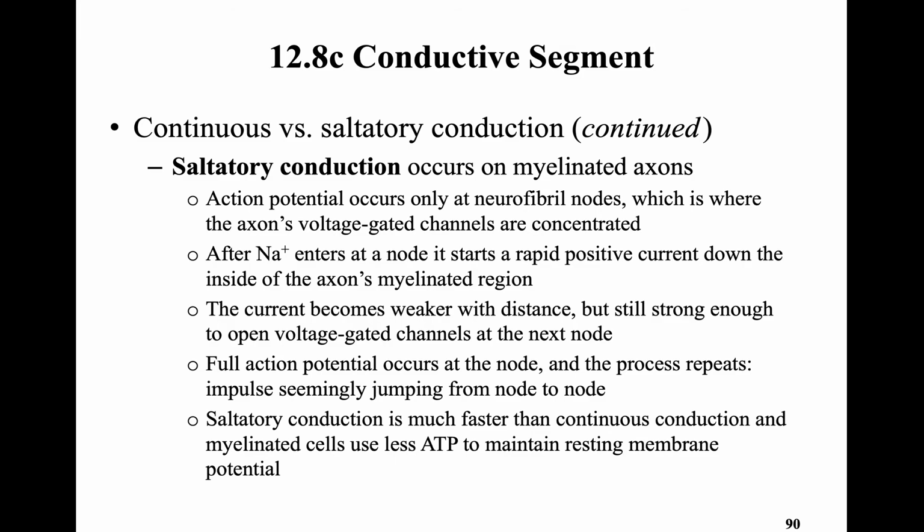And remember, we had two kinds of myelinating cells: in the central nervous system they were called oligodendrocytes, and in the peripheral nervous system they were called Schwann cells or neurolemmocytes. So the neurolemmocytes, the Schwann cells, and the oligodendrocytes are all myelinating and they are saltatory.